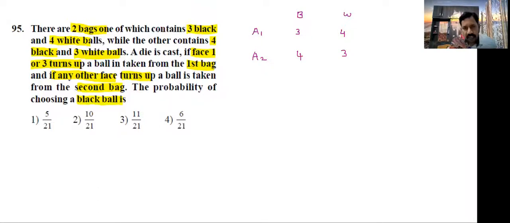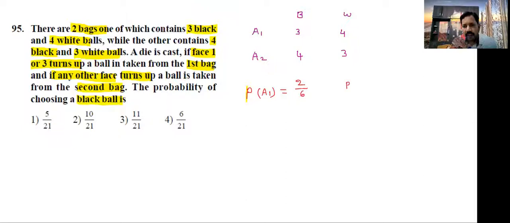First see here how to select the first bag. P of A1. If your die is rolled, what is the probability of getting face 1 or 3? 1 or 3, there are two numbers out of 6. This is P of A1. If you get a probability like this, you can select the first bag.